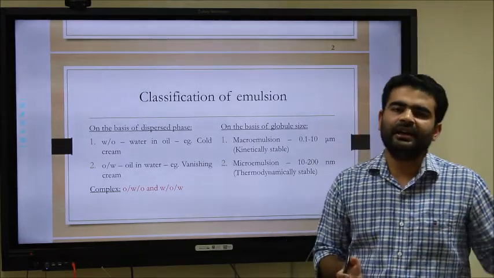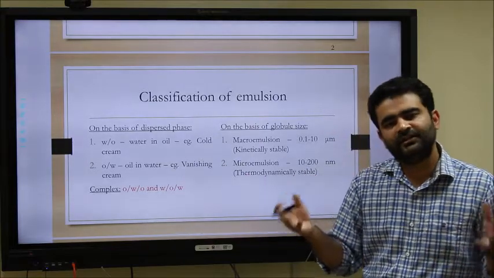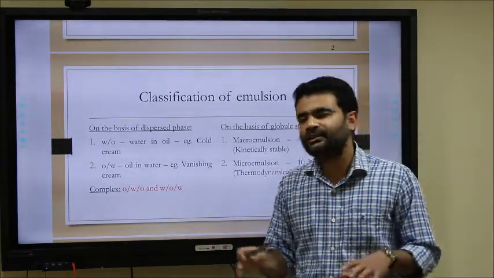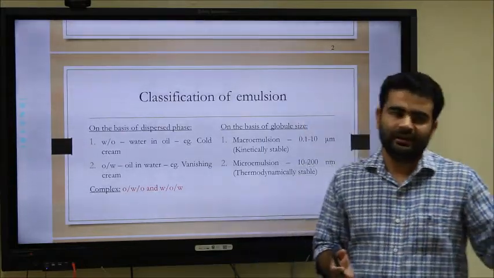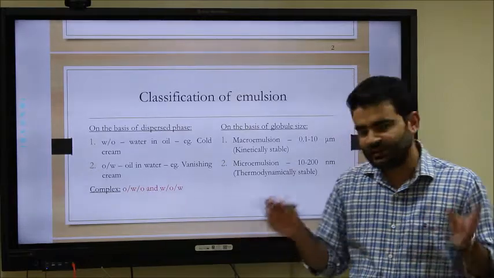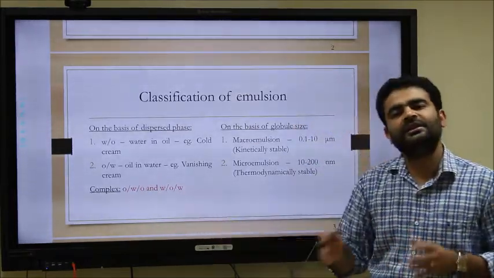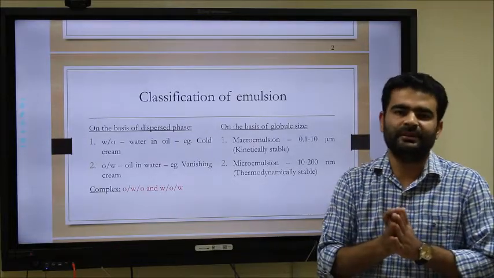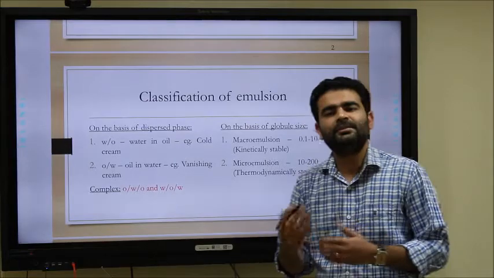A, D, E, K are oil soluble vitamins and C and B are the water soluble vitamins. If we have to deliver all the vitamins together, we will use the complex emulsion type, because in oil A, D, E, K are soluble and in water B and C are soluble. These two emulsions will again be dispersed in a third phase to form a large quantity of emulsion. So in such scenarios, complex emulsions are prepared.